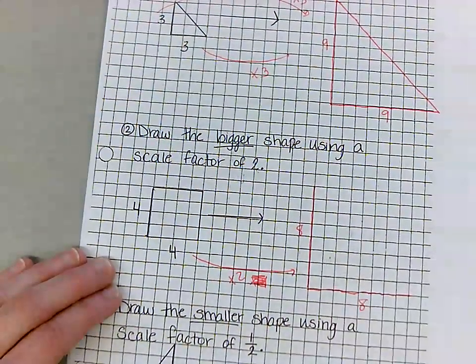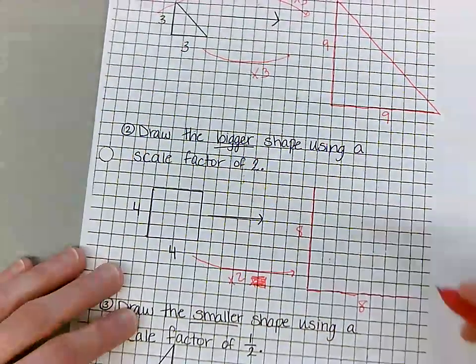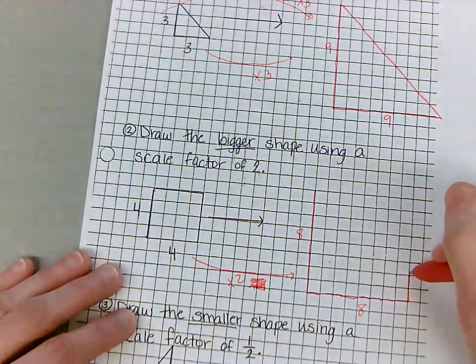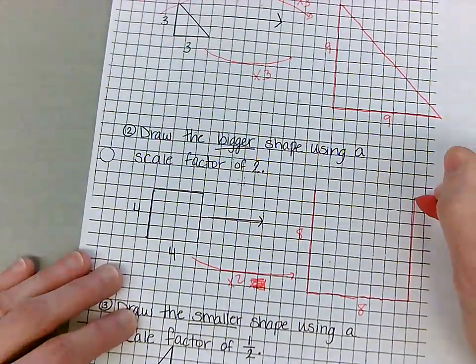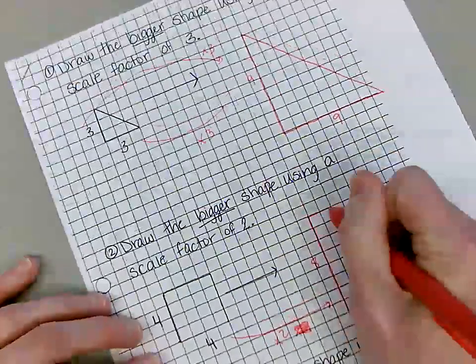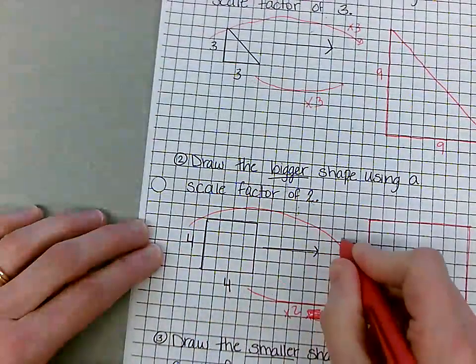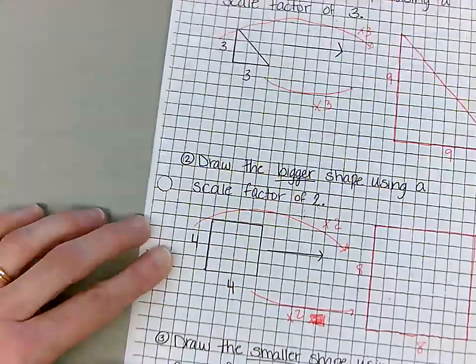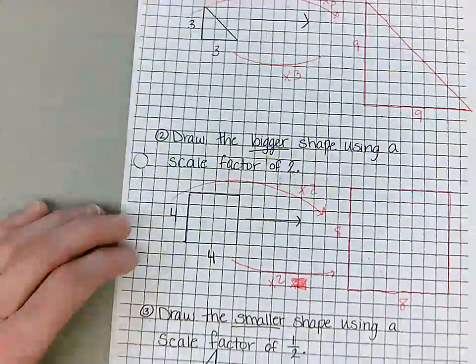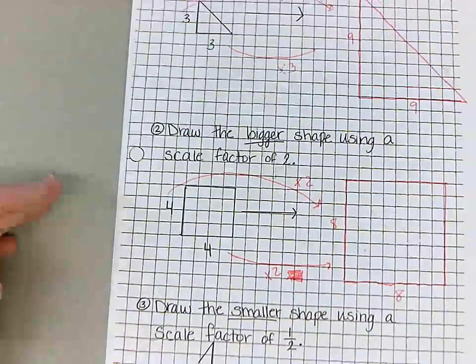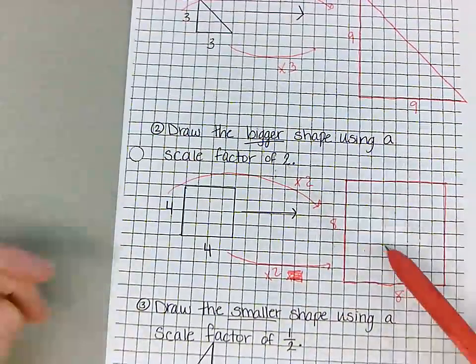There's my 8 there. And then just follow it up and connect it. So by a scale factor of 2, 2 times bigger, you've taken that initial square and made it larger, with sides of 8.